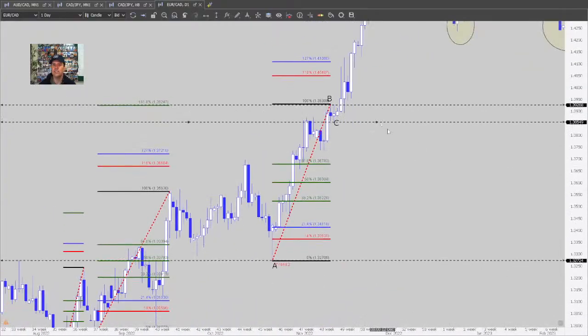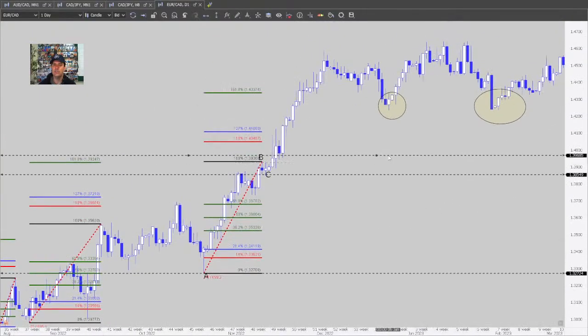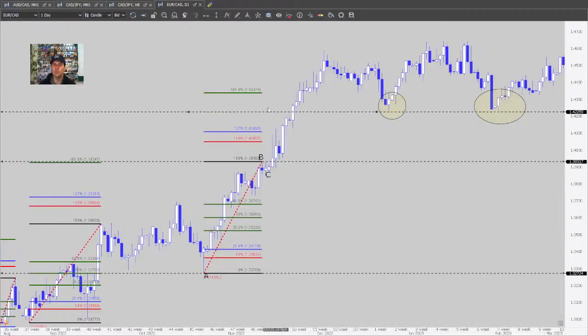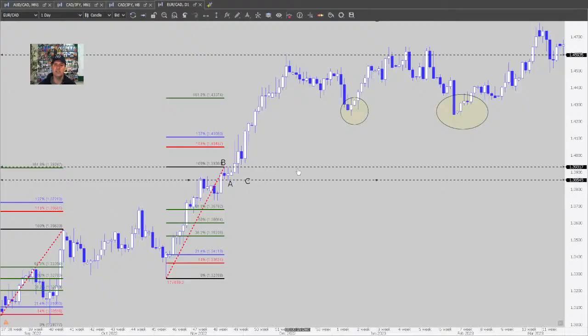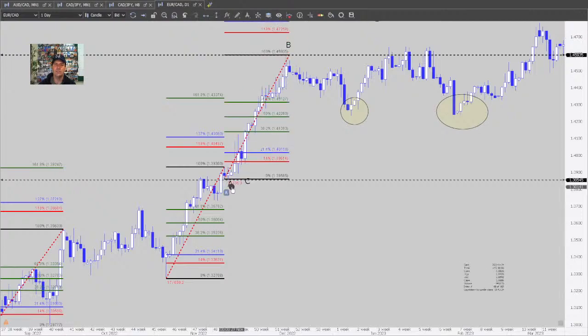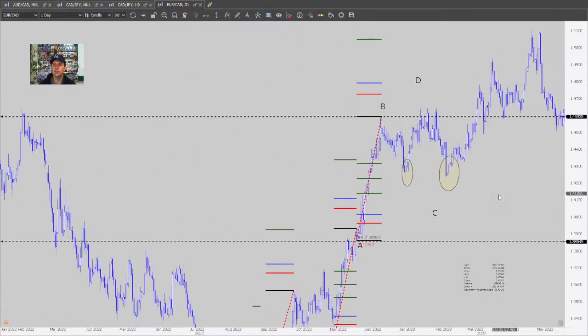That's the C. Alright, green goes to green, we need to find a high, and now A goes to C like this, and B goes to D, right? Up in here, Fibonacci retracement tool, A to B, and we have a new Fibonacci sequence here, A, B, C, D.